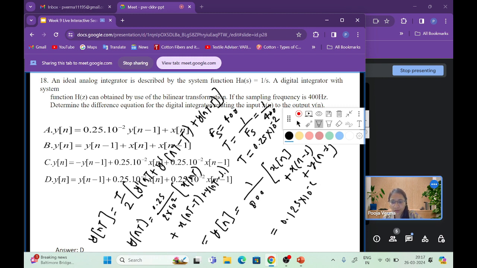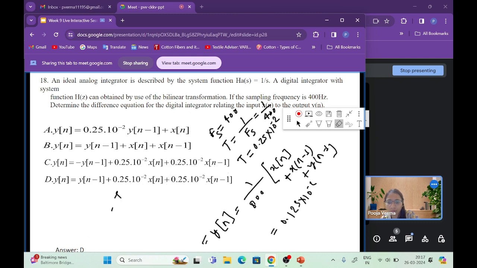So if you solve this, which option will we get? It must be 0.125 from here. I am removing this so we can match the options. So that must be 0.125 into 10 to the power minus 2 x of n.